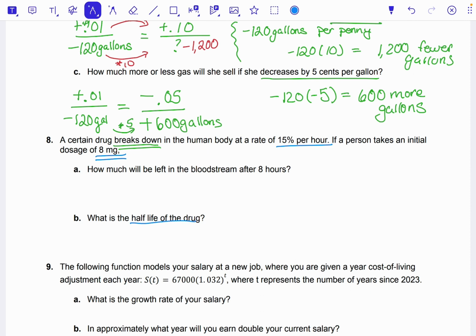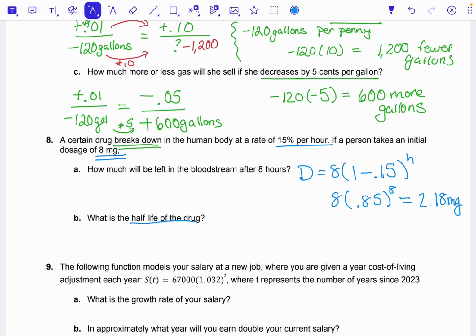All right, so let's set up an equation here. The amount of drug equals 8 times, and remember, if it's breaking down, we're decreasing by 15% each hour. And I want to plug in 8 hours later. And that comes out to 2.18 milligrams.